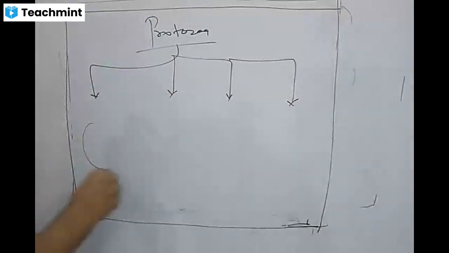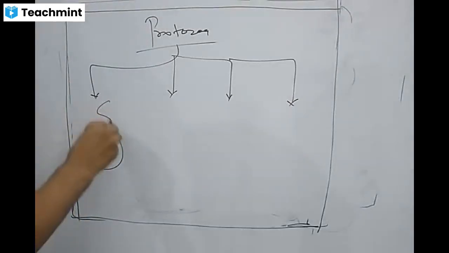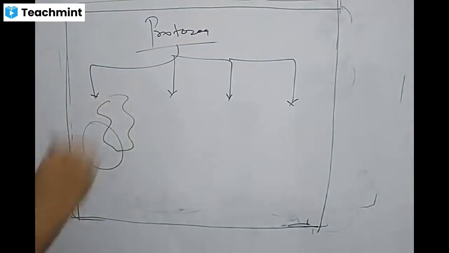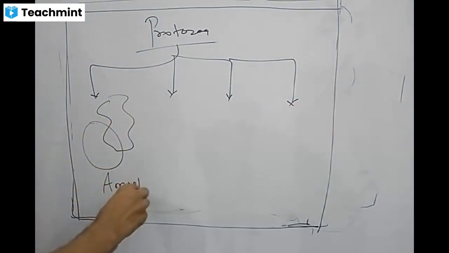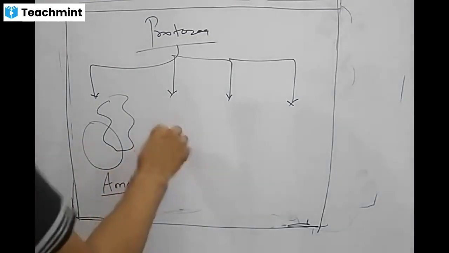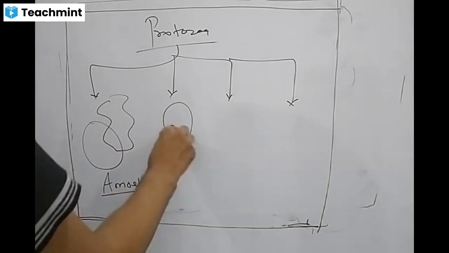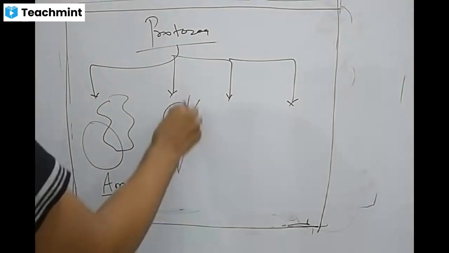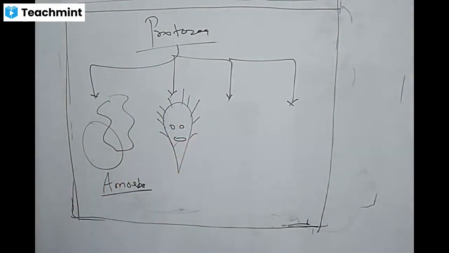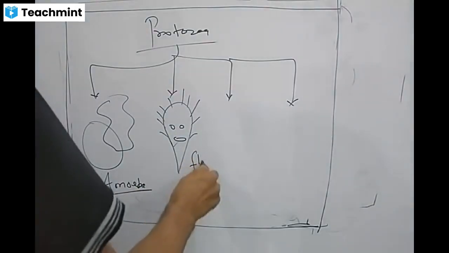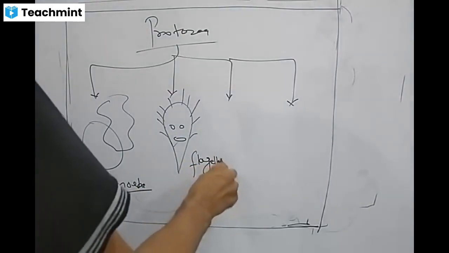First part is something which are having unusual shape. They can change their shape. We call them amoeba, a group of protozoa which can change their shape. And the second group of protozoa which have something like this, maybe four pair, maybe three pairs, we call them flagellated.